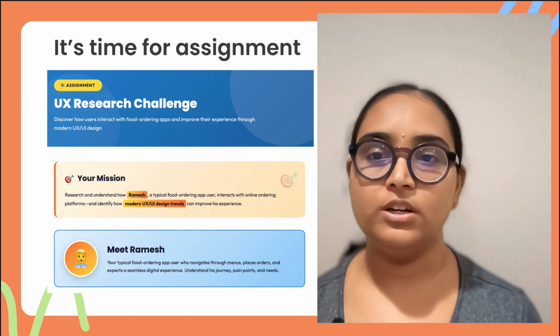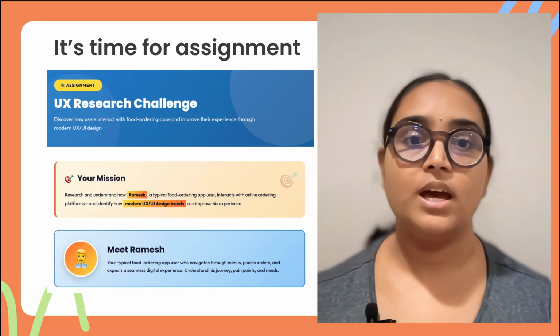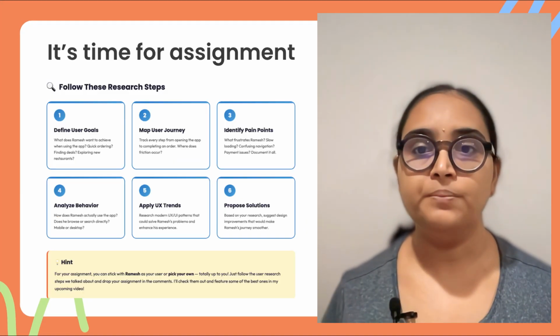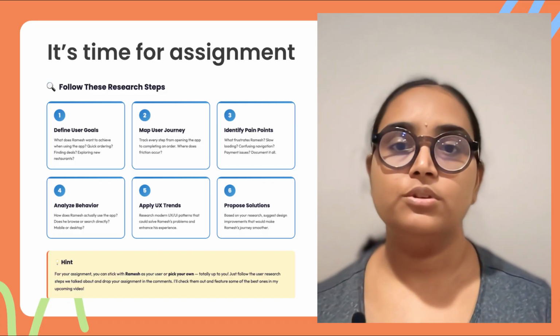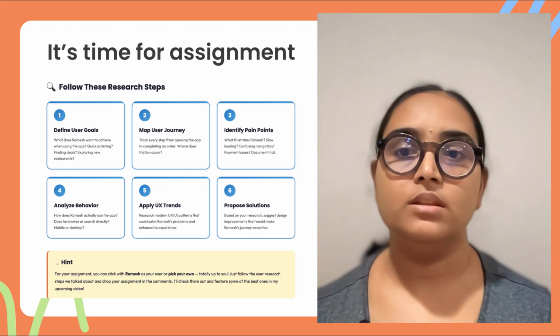Okay, I'm giving you a hint also. For your assignment, you can stick with Ramesh as your user or pick your own. Totally up to you. Just follow the user research steps we talked about and drop your assignment in the comments.